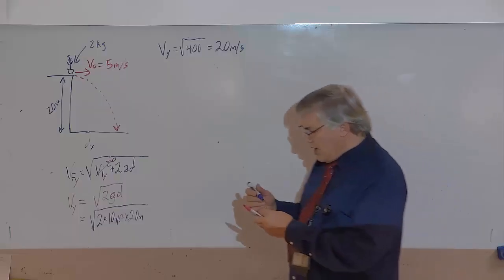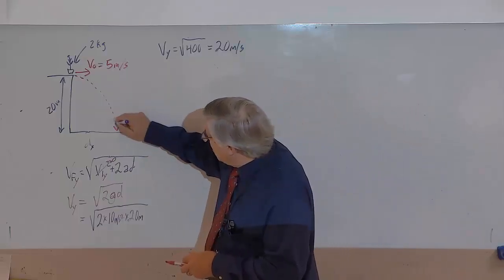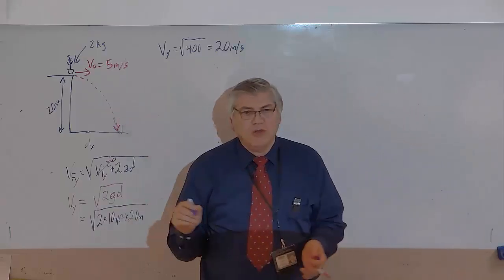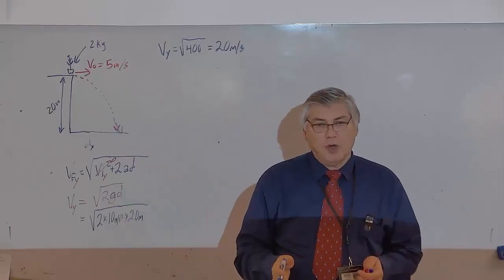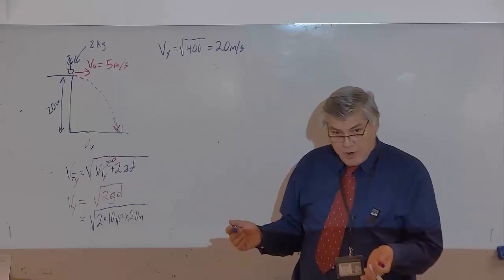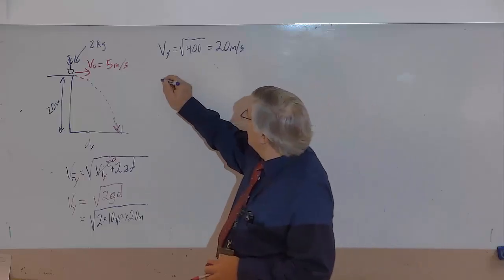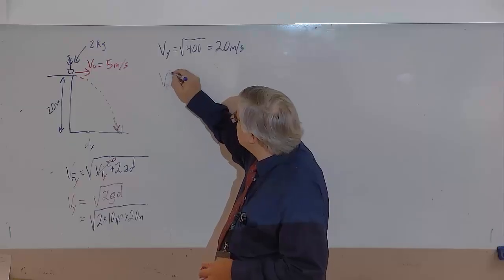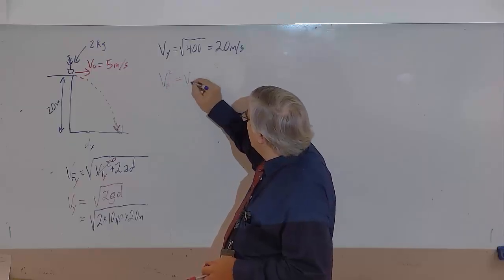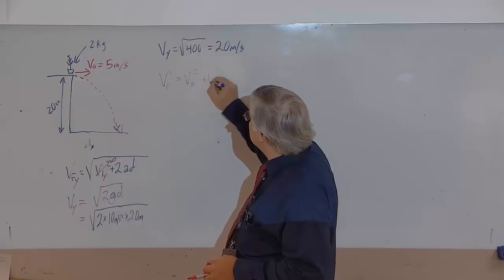But what if I wanted to find the actual resultant velocity that combines the horizontal and the vertical components? Well, we have to go back to Pythagorean theorem, right? And we know that the actual final velocity squared is equal to Vx squared plus Vy squared.